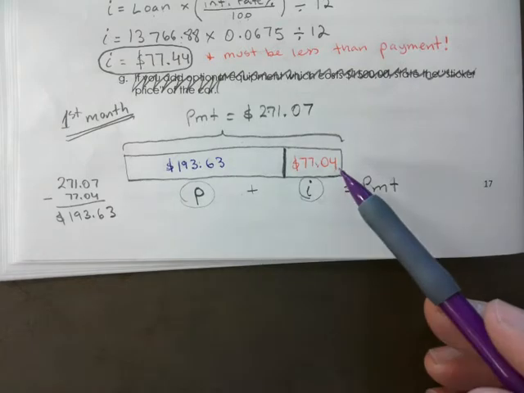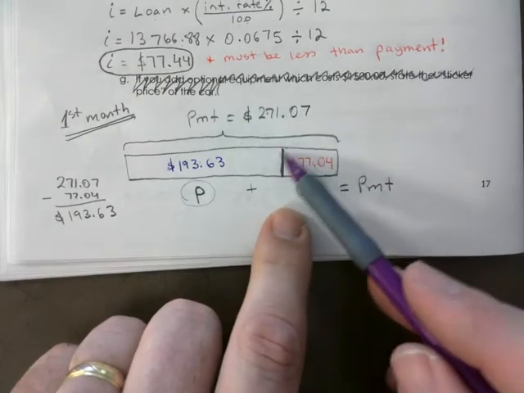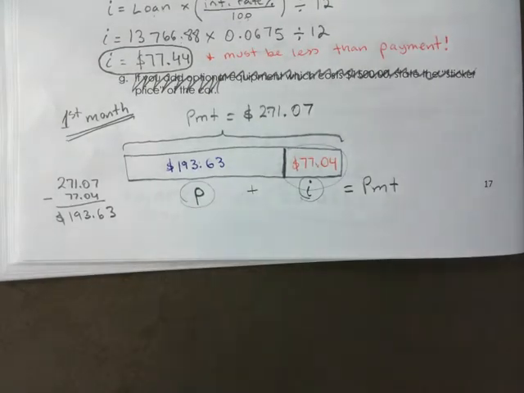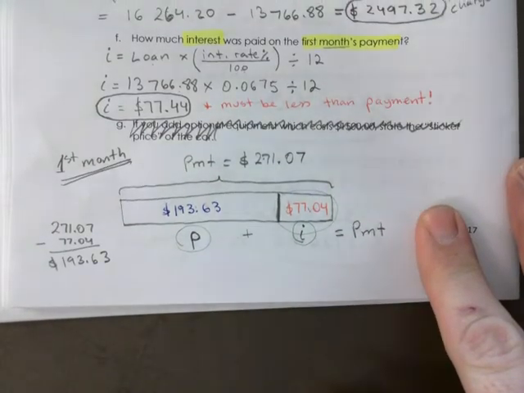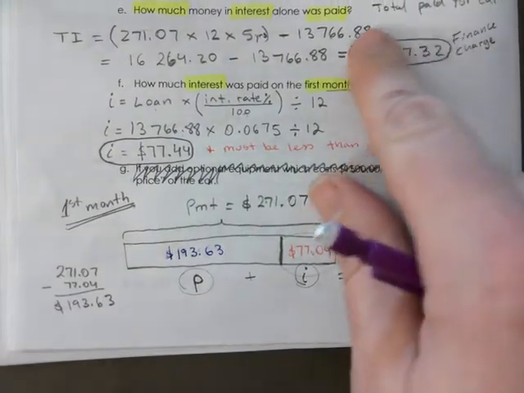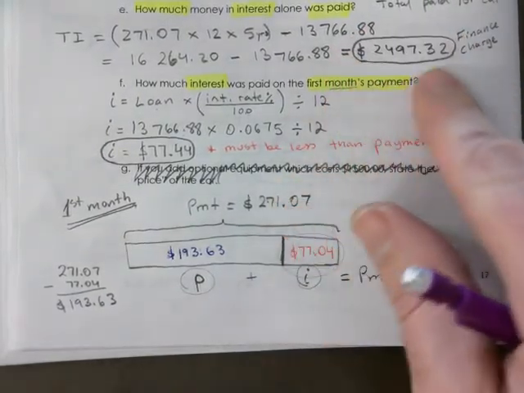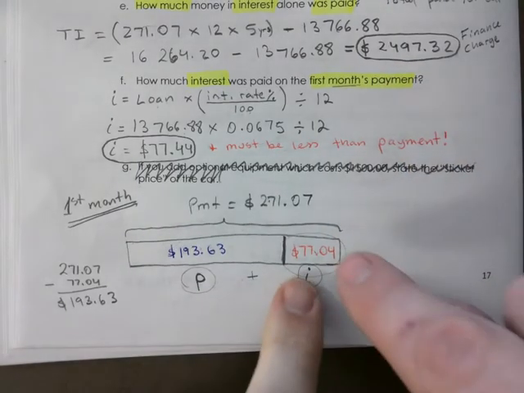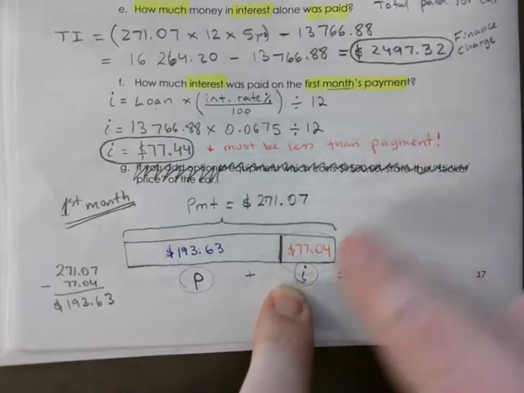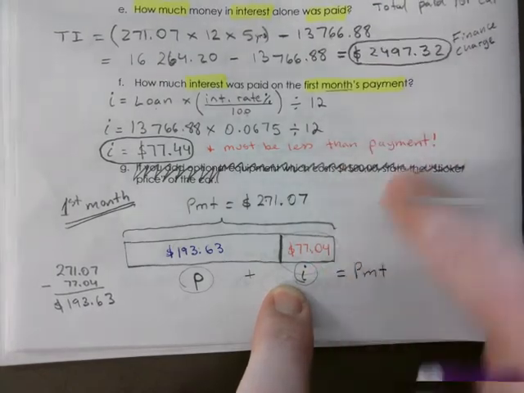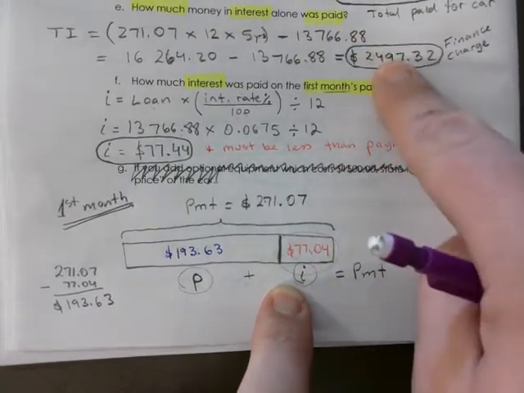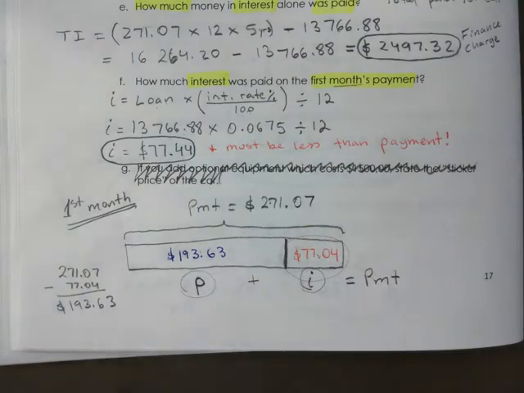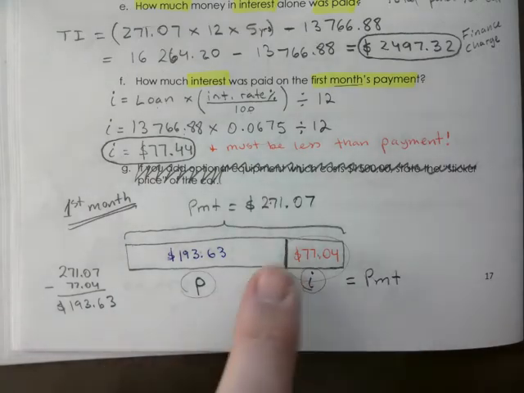And if you were to take the interest you pay every single month, this will blow your mind. No, not really, but it will add up to the total interest you paid over the 5 years. Okay. So every month a little bit is taken off and put towards the interest which the bank charges you. So when you do this calculation, you figure out what all of them are combined. Okay. I'll talk more about this later.